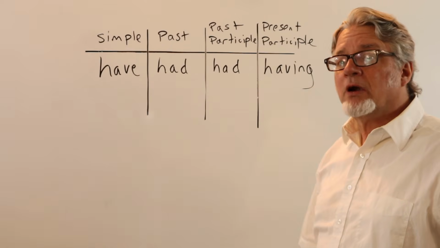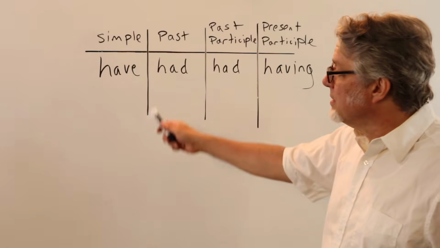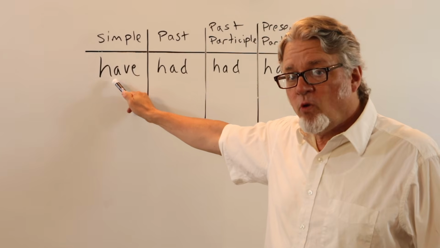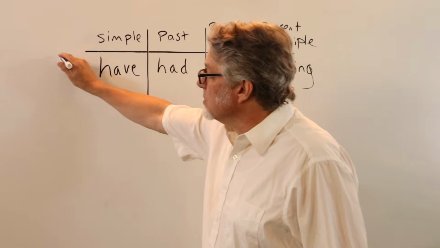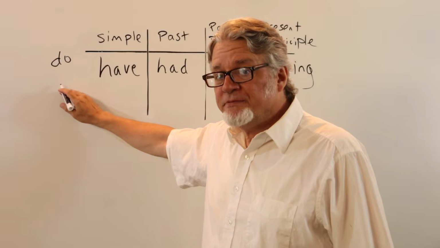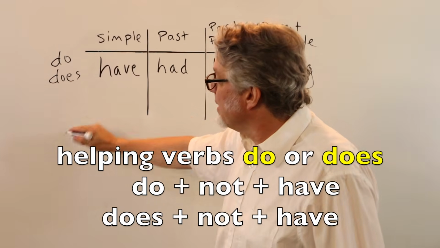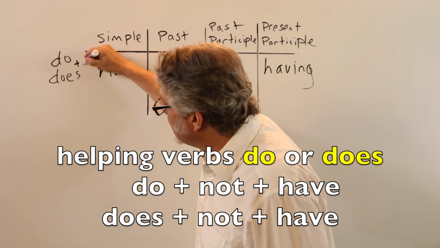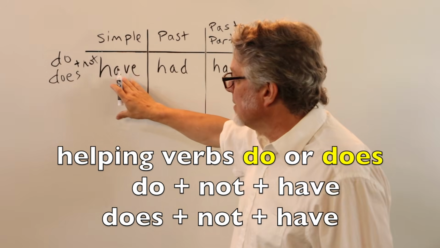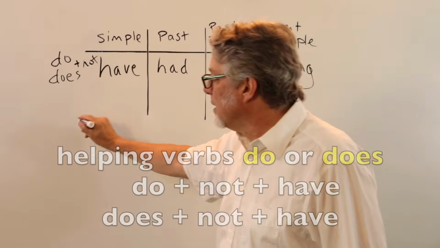When making a present tense verb negative, you're using the simple form of the verb. Use the helping verbs do or does, and add not, and then have.